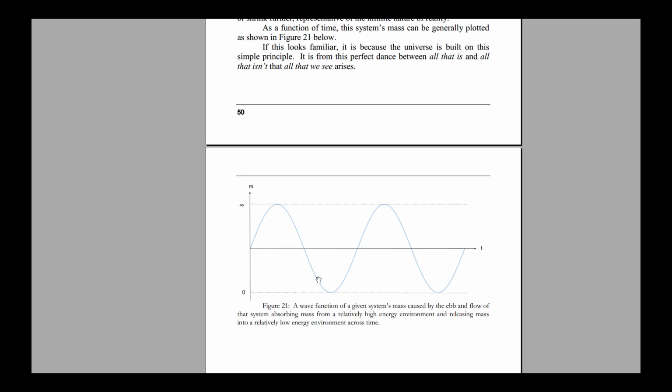So we just got basically a sine wave with a peak at infinity and a trough at 0 to indicate just the flow between these two extremes, which are again equals and opposites. And from their equal yet opposite nature, all that we see arises.